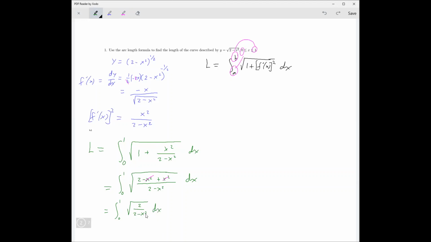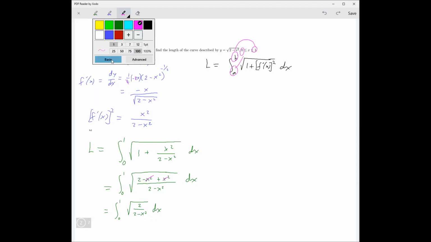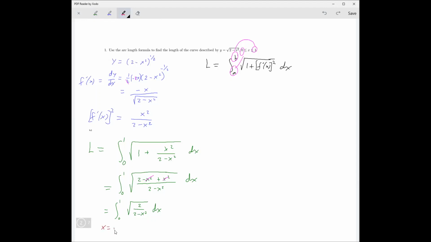Okay, now this calls for a trigonometric substitution, and I think x equals the square root of 2 sine theta would be the best one, because when you put it in here, this will become 2 cosine squared theta.